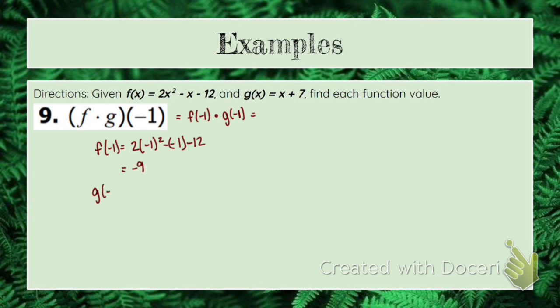And then g of negative 1 is equal to negative 1 plus 7, which when simplified is positive 6. So we have negative 9 and 6. Negative 9 times 6 is equal to negative 54. And that's your final answer.